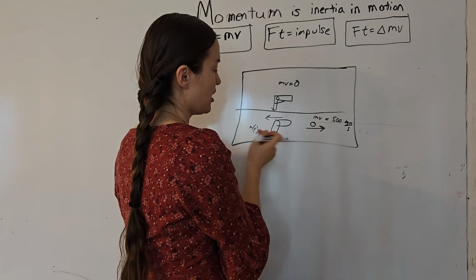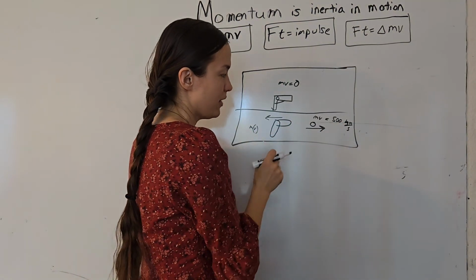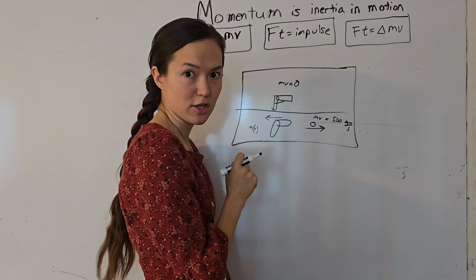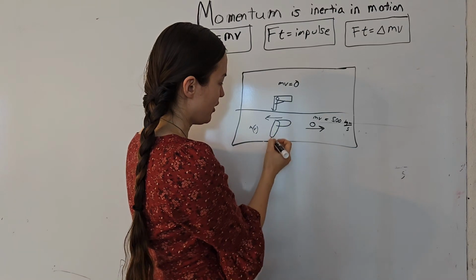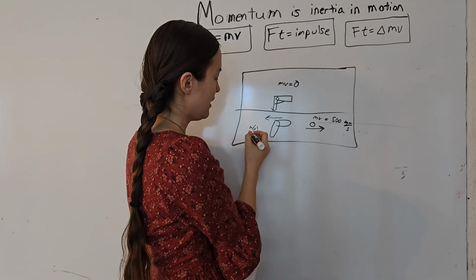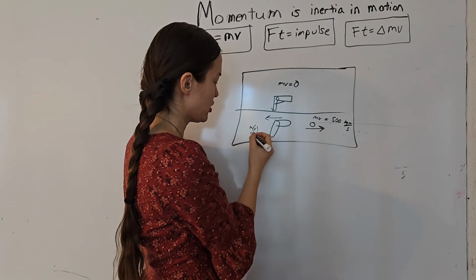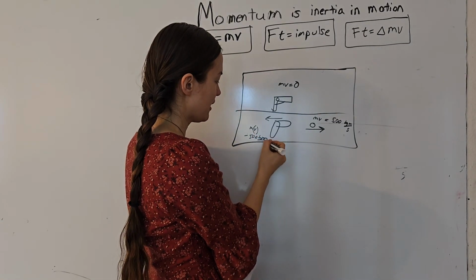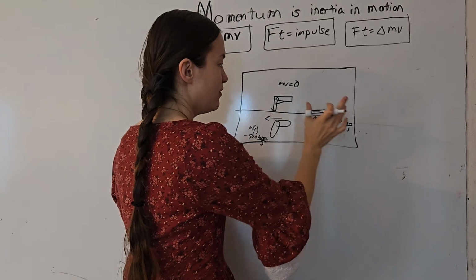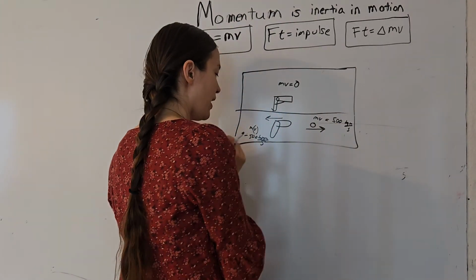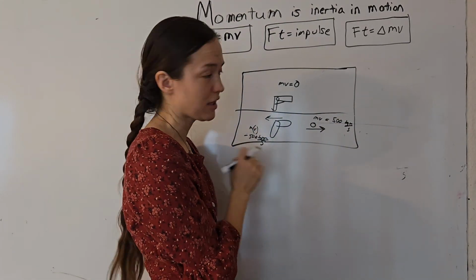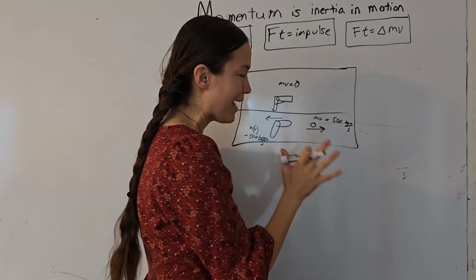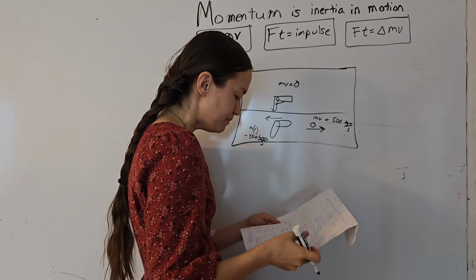If you multiply the mass of the gun times its velocity, you end up with negative 500 kilogram meters per second to perfectly balance these out. So 500 plus negative 500 kilogram meters per second, when you add them together in the system, you end up with 0.